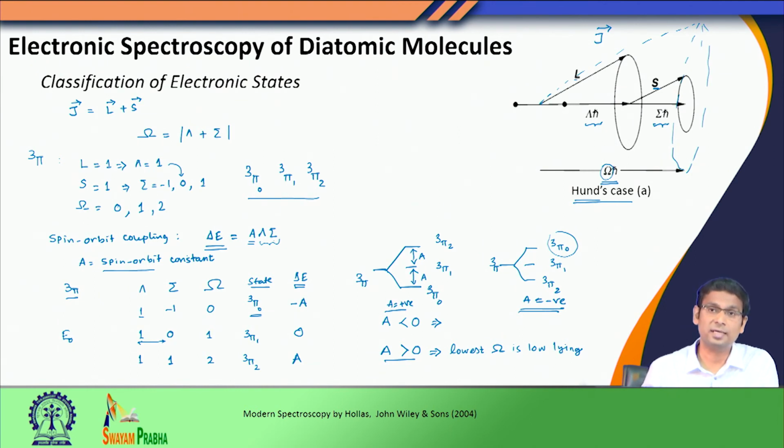In case of homonuclear diatomic, the nuclear environment is symmetric. In case of heteronuclear, it is not. In case of a tetrahedral molecule, the nuclear field has a different shape. It is no longer a straight line like a diatomic molecule. So, the change in the nuclear field is also going to play a role in the character of the electronic states.